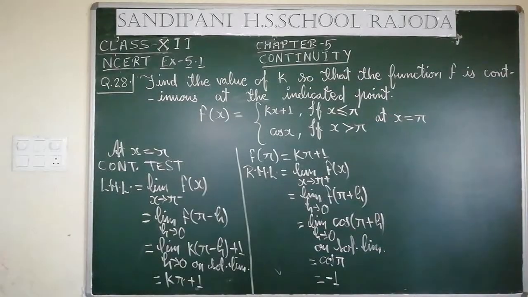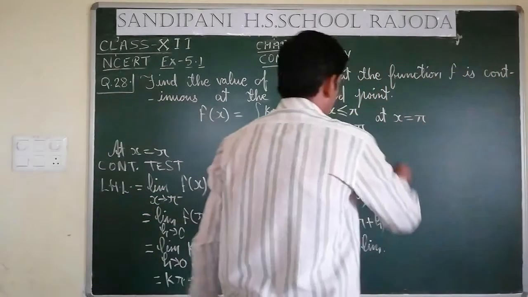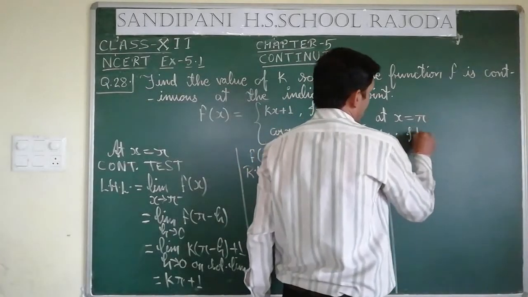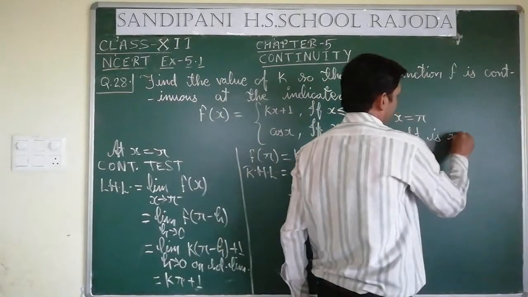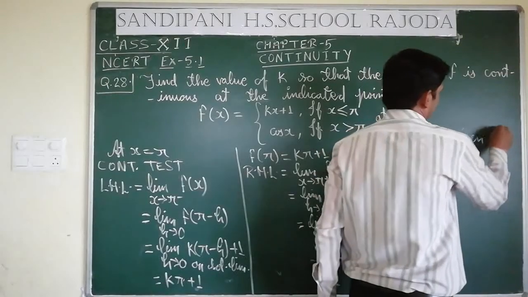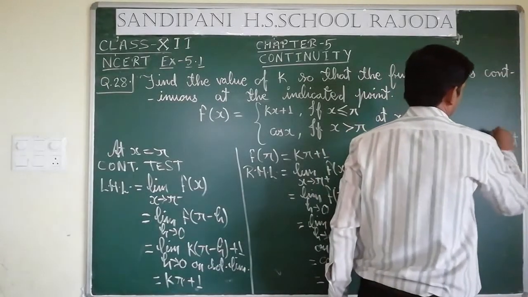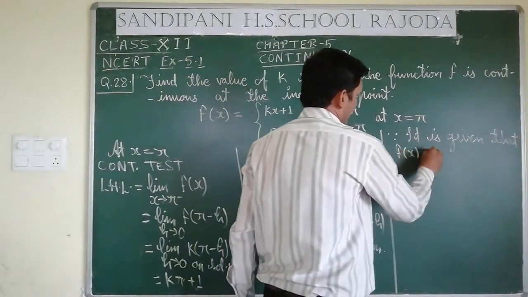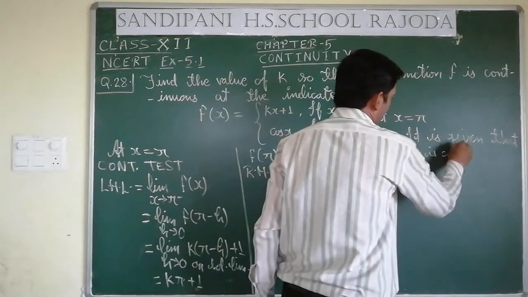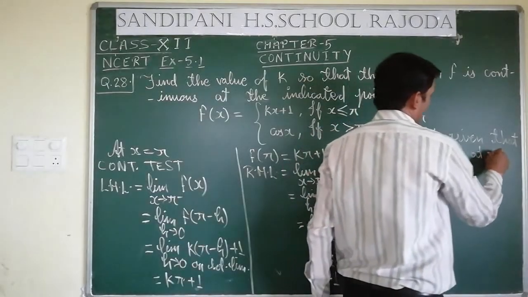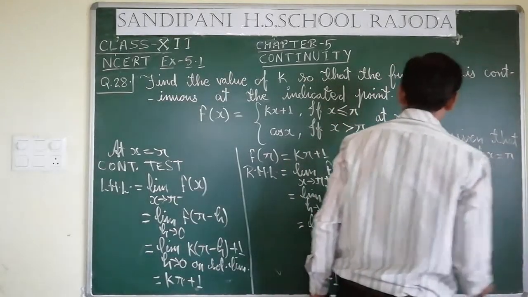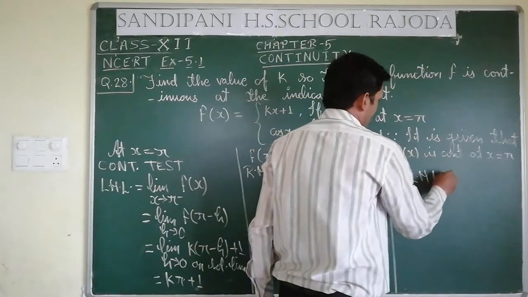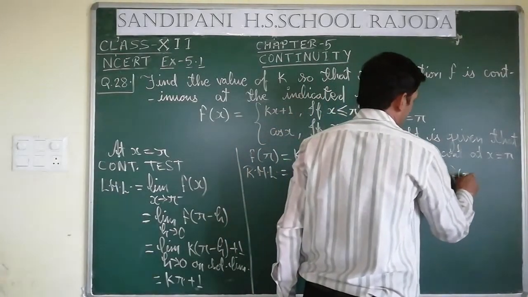Now what we have to do? See, because it is given that f of x is continuous at x equal to pi, therefore LHL is equal to f of pi is equal to RHL.